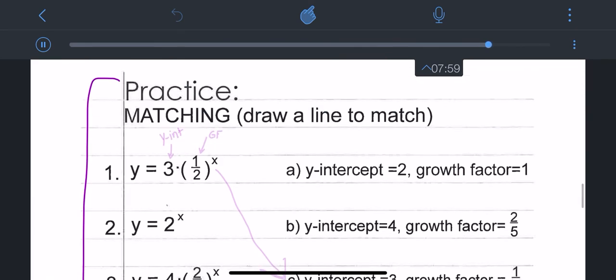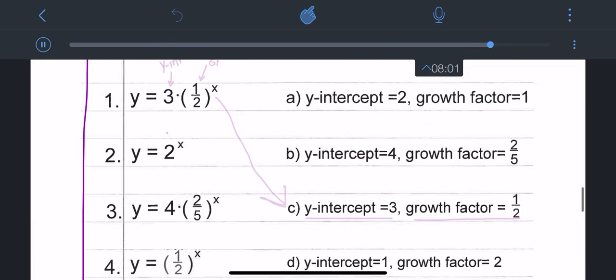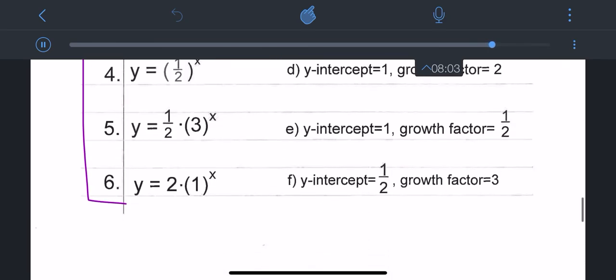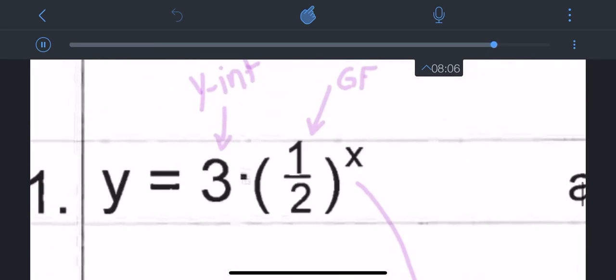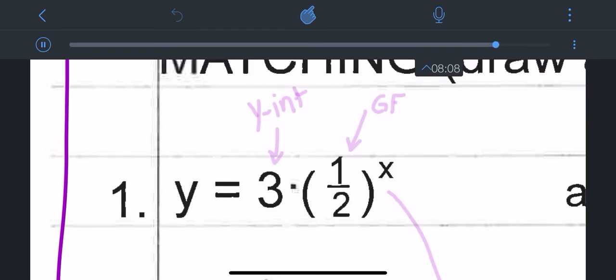So if you look at number 1, all of your choices are on the right side. So we have the 3, and that is in our y-intercept spot. So we know 3 is our y-intercept. We know that our growth factor is 1/2. And since 1/2 is less than 1, this is a decreasing function.